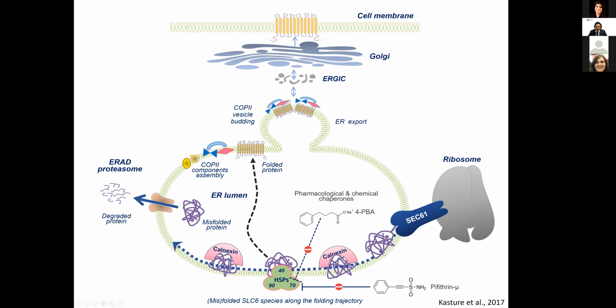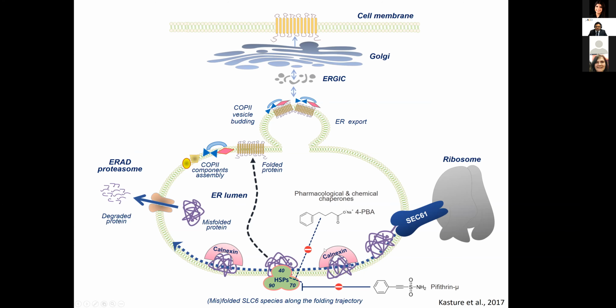And once this protein is formed, it will undergo different quality control checks because you can imagine at the endoplasmic reticulum, there is a tremendous load of protein production and quality control. So this protein will undergo the calnexin-calreticulin cycle typically.